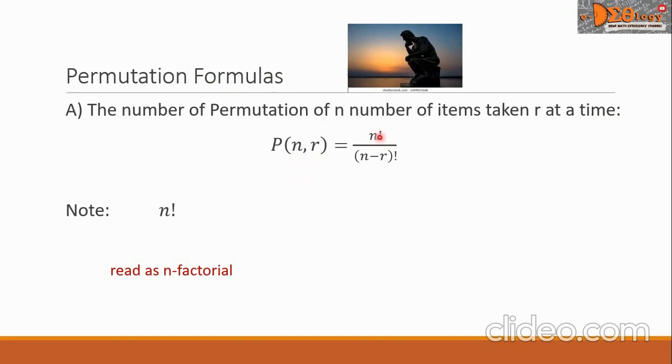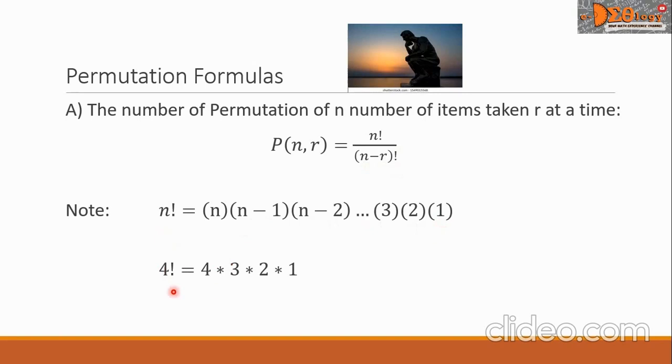So the formula is n factorial over the quantity n minus r factorial. And this n factorial is simplified into n times the quantity n minus 1 times the quantity n minus 2, up to 3 times 2 times 1, and 1 is the last number.